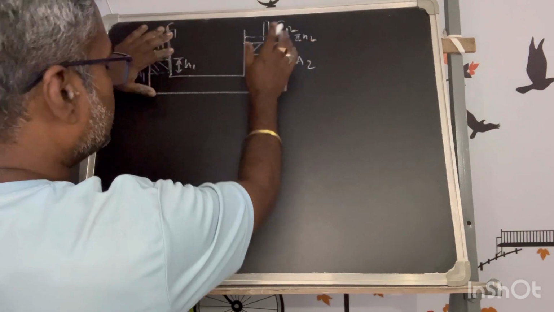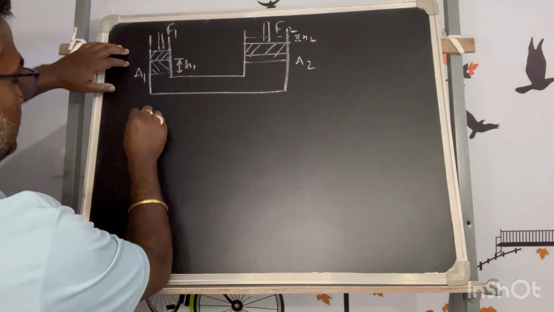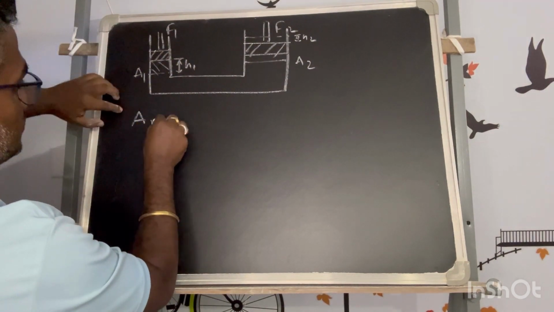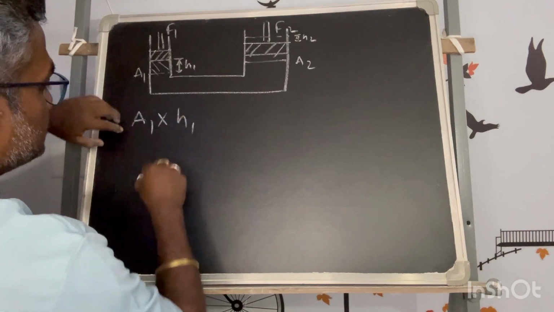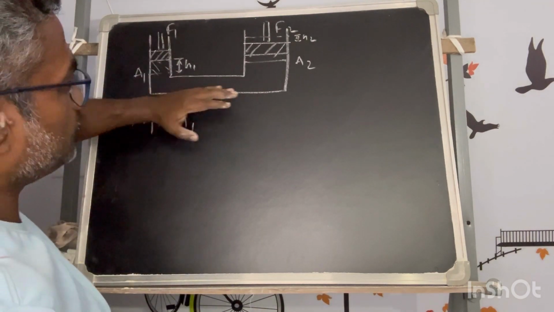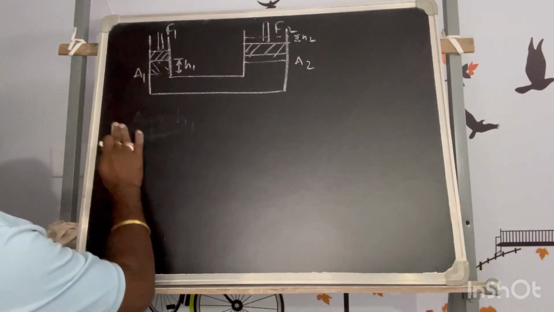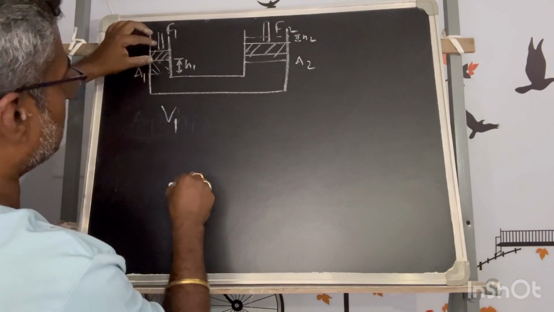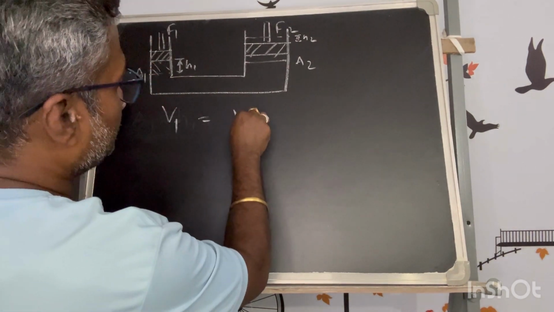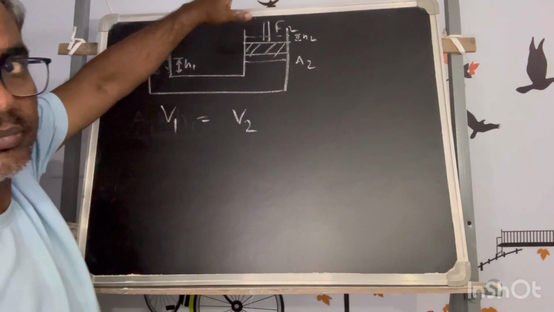It is cross section A1 into h1, which means the volume coming down here has to be accommodated there.